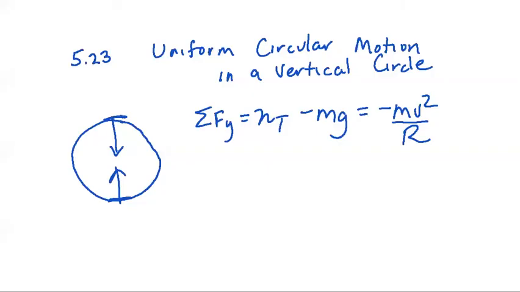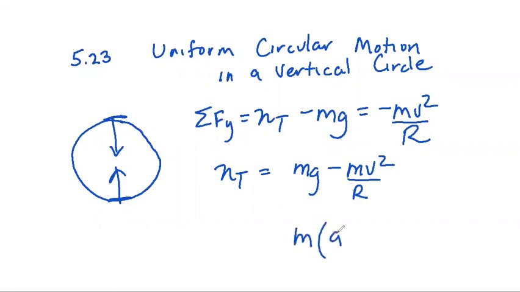So we're solving for the normal at the top. The normal at the top equals mg minus m v squared over r. And let's just do m times g minus v squared over r. All right, that's at the top.